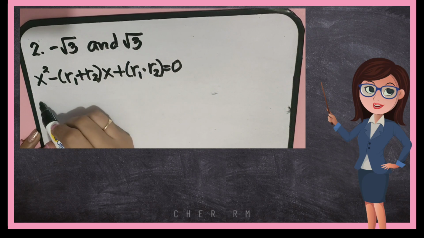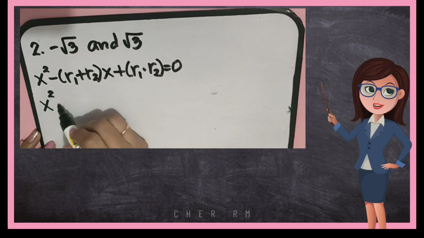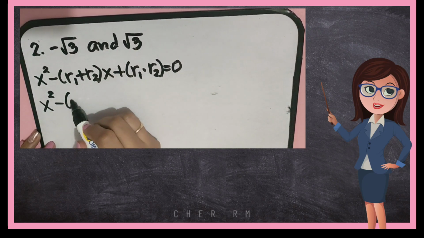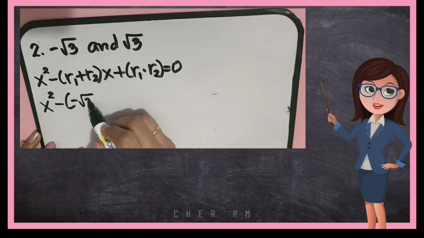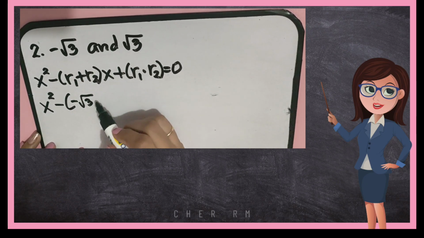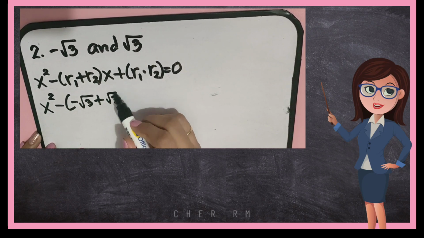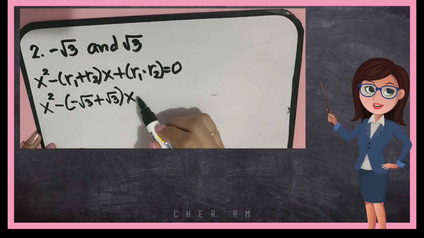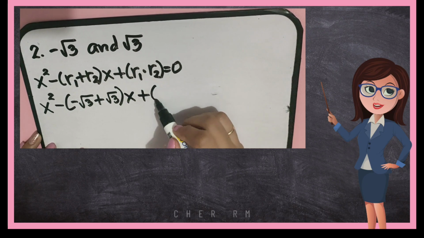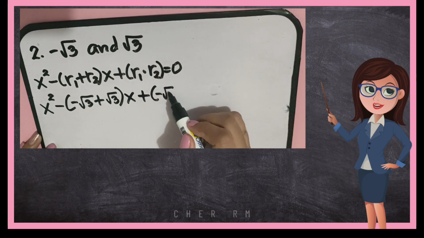So substitute the given. X squared minus, the r sub 1 is negative square root of 3, plus square root of 3, then x plus r sub 1 again is square root of 3.